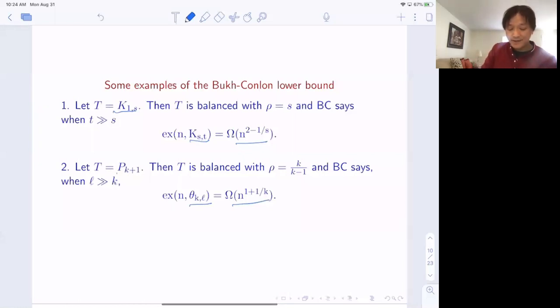And I also said the K path is balanced. If you take the L power of the K path, you get a Theta K,L. And if you compute the density rho for the trees and look at the exponent conjectured by the construction, it's exactly what we had before. But the Bukh Conlon lower bound is much more general. It works for every balanced tree.